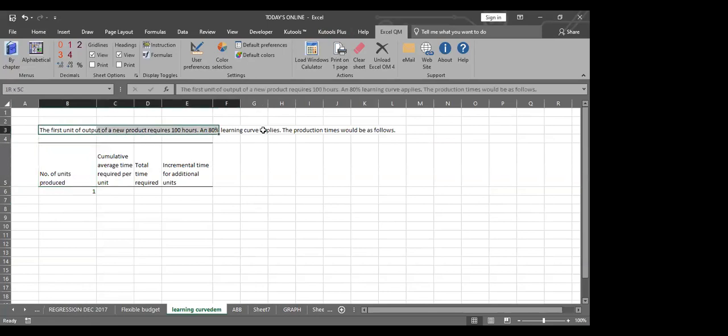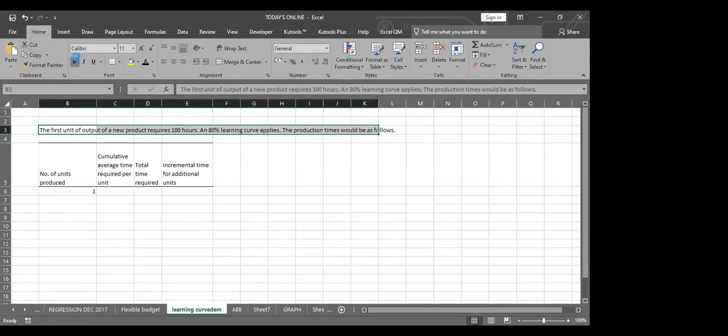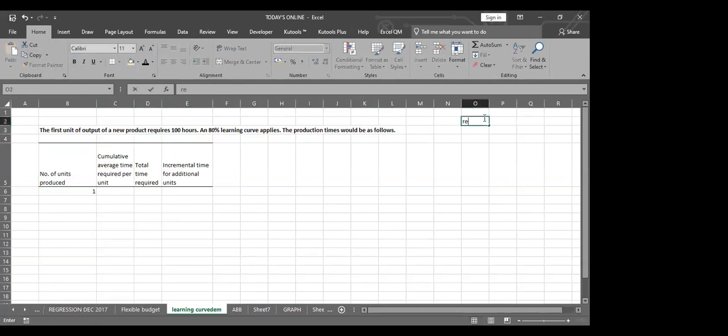So in that example, if you read it, something I want to talk about now that I can write here: the requirements when you're solving a learning curve, how it works.